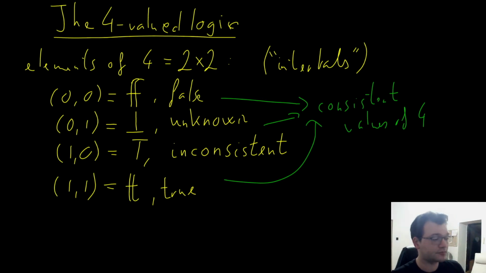Now, similarly to the case of the binary logic, where there was an ordering of the bits, they were made into a poset, we can make these 4 values into posets, well, in several ways. And so there will be 2 partial orderings of these 4 values.